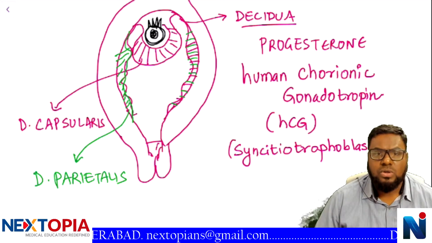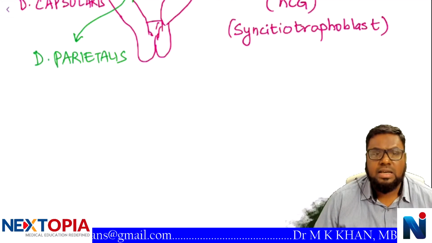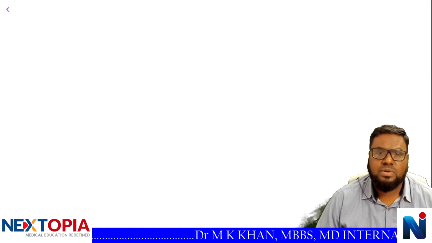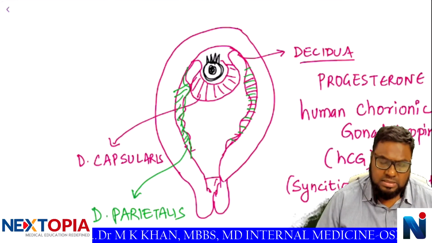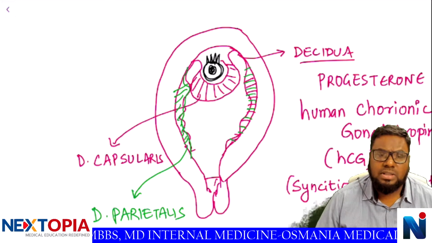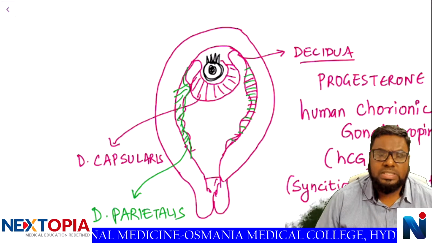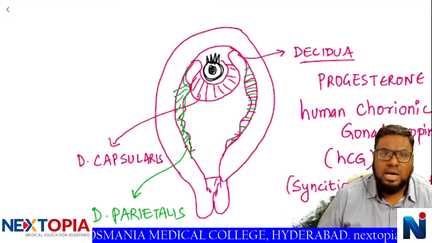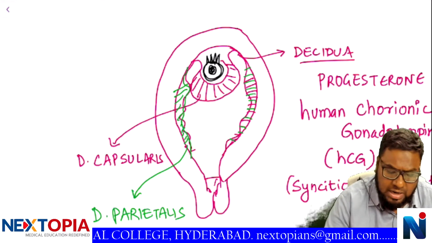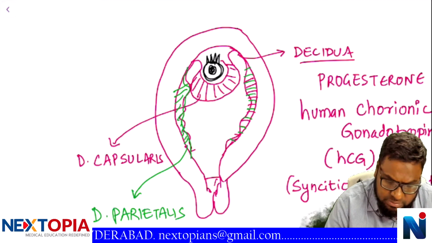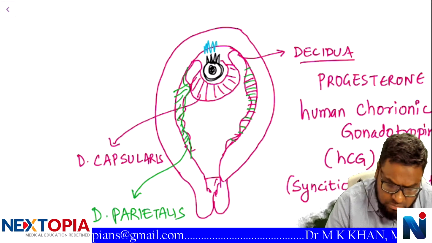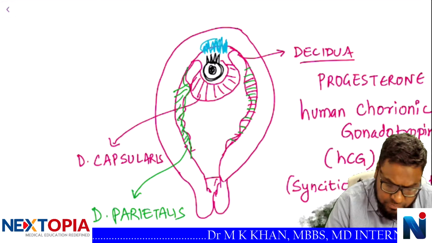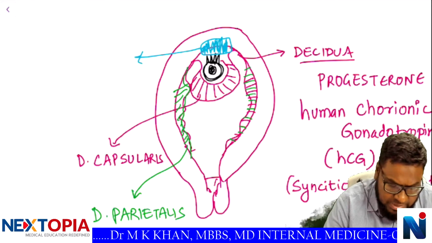So this is all about the decidual reaction, and the differentiation of the decidua. We have decidua basalis, the part of the decidua which contributes to the attachment somewhere here. I'll draw it with blue color. So this area is decidua basalis.